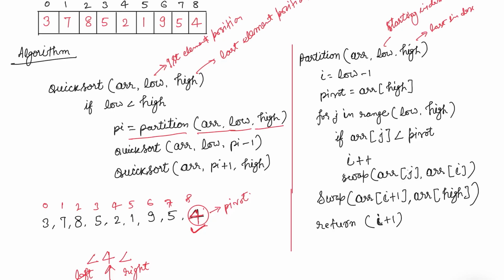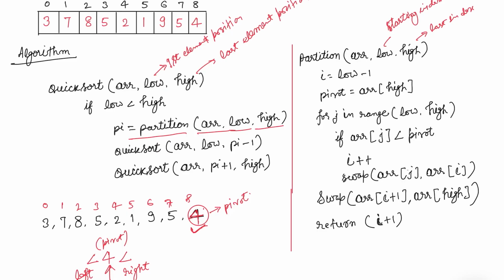That means after the first partition, this pivot will be positioned at its correct sorted place, because all the elements on the left of the pivot are lesser than this, and all the elements on the right of the pivot are greater than this pivot element. So 4 is in the correct position.